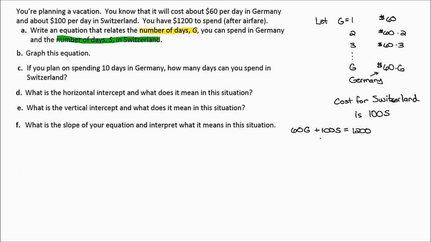The next part is asking me to graph this equation. And to graph this, I'm going to open up a new page here. Something I'd like you to note about how you're going to graph this is that it doesn't technically matter what variables you use on which axes. If you're not told to use G as a horizontal variable, you're more than welcome to use S as your horizontal variable. I'm just going to use G here.